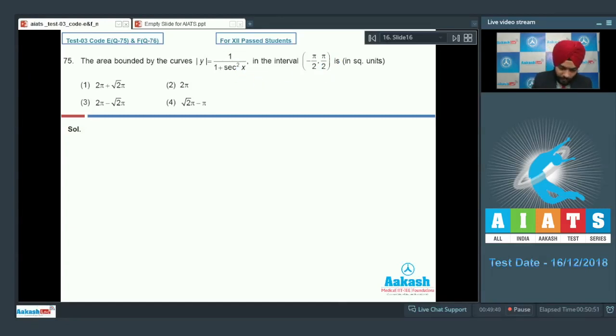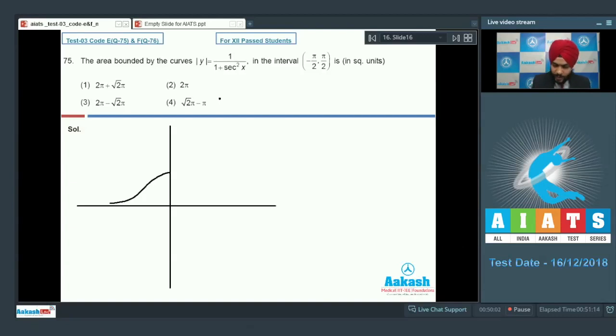So let us draw the rough graph of this. From minus pi by 2 to pi by 2, if I draw 1 upon 1 plus secant square x, the value at minus pi by 2 as well as pi by 2 is tending to 0. Something like this. The maximum value is 1 by 2. And again something like this. This is y equal to 1 upon 1 plus secant square x. If I need mod y, I'll repeat the same graph by taking x-axis as a mirror.